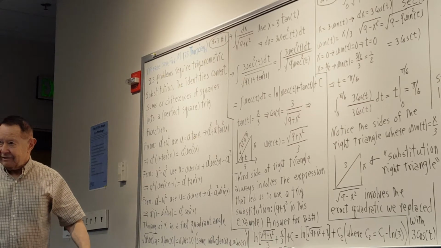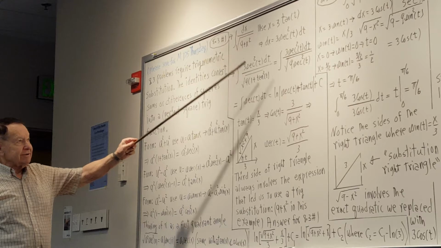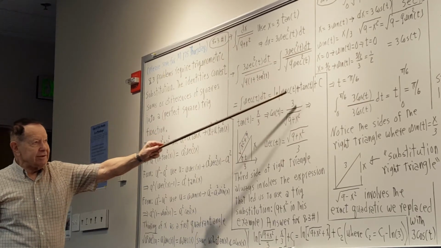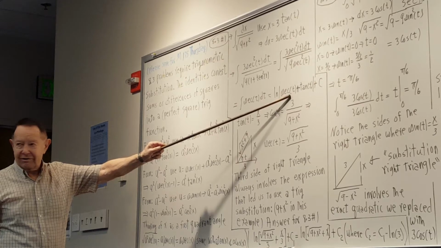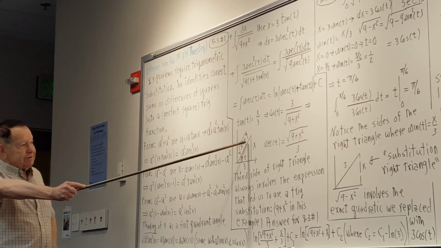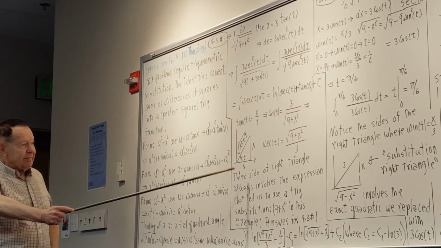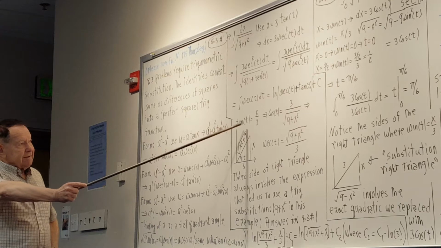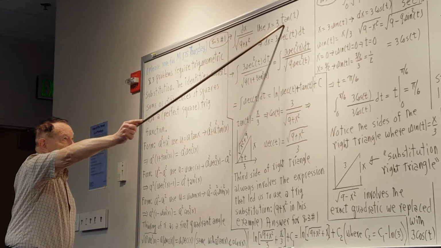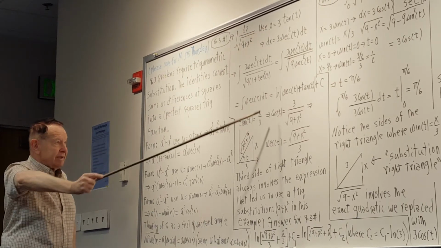If it were a definite integral, then you could change your limits on x to new limits on t, and then you could work from here with the new limits. But as it is, what you do is you draw a right triangle in the first quadrant, and your relationship here, if you solve for tangent, is that tangent equals x over 3.